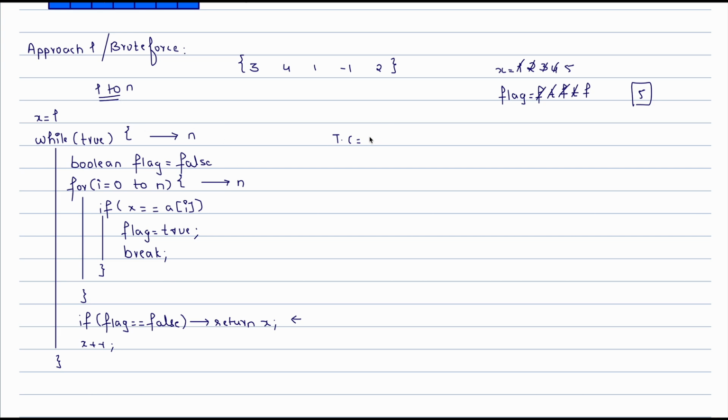So the time complexity will be order of n square, and the space complexity is order of 1 because we didn't take any extra space. Okay, but the interviewer will not be happy, so he will ask to optimize this approach.